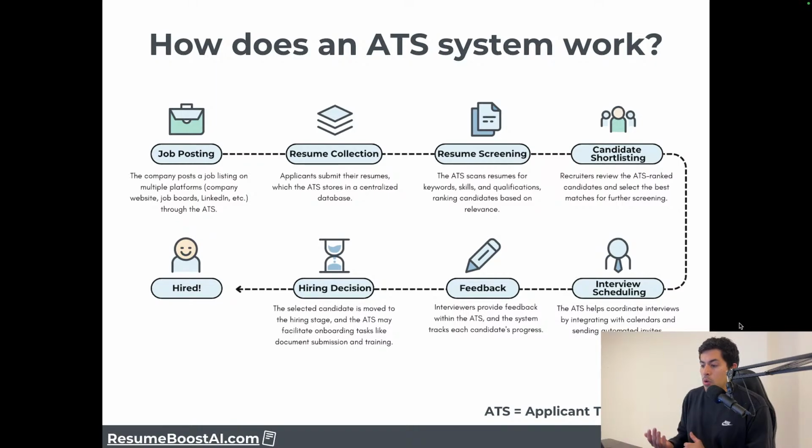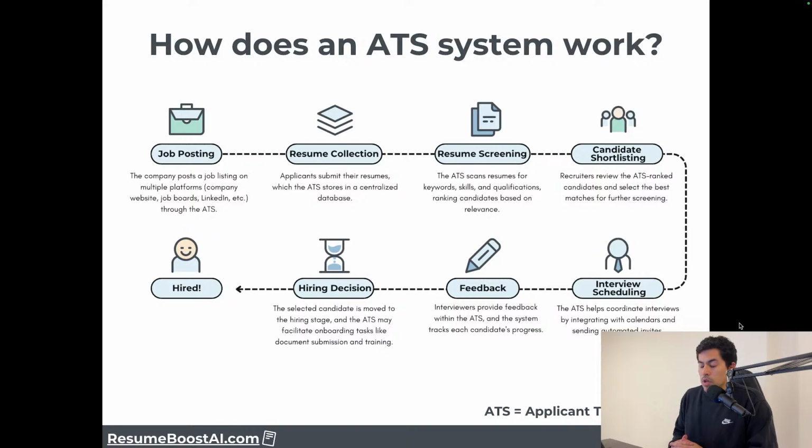Every time you hear ATS systems related to jobs and resumes, they're talking about the applicant tracking software. It's just used to filter out people and to make it easier for recruiters and companies to hire people.